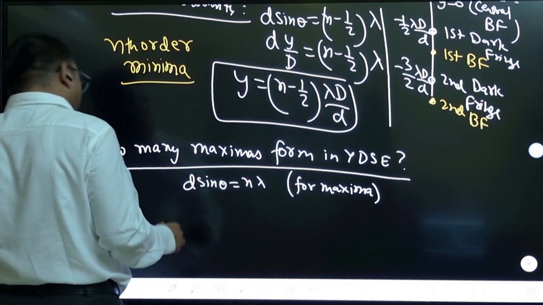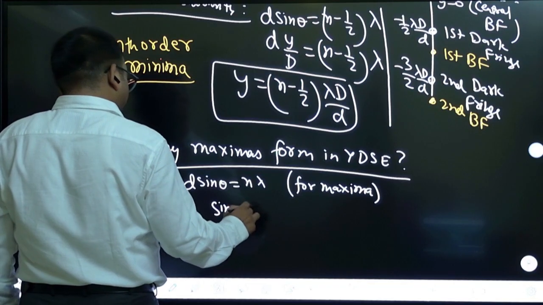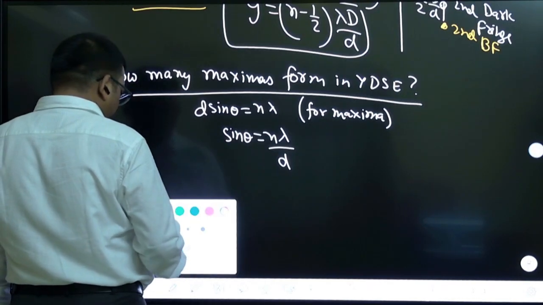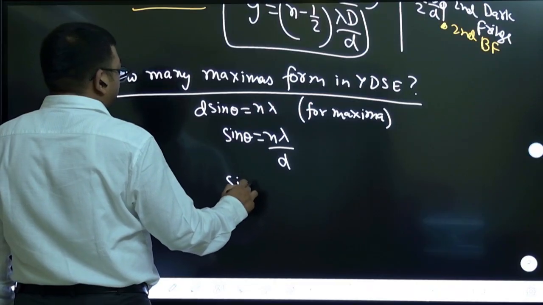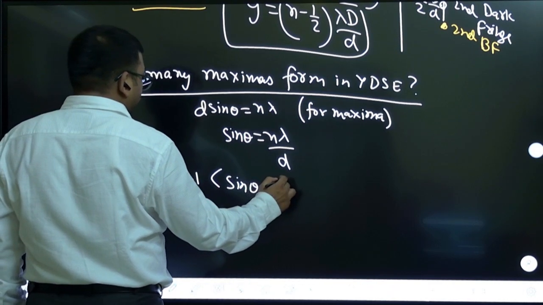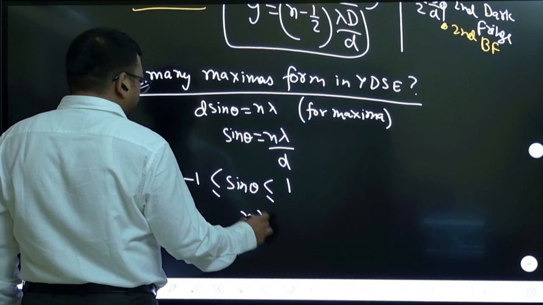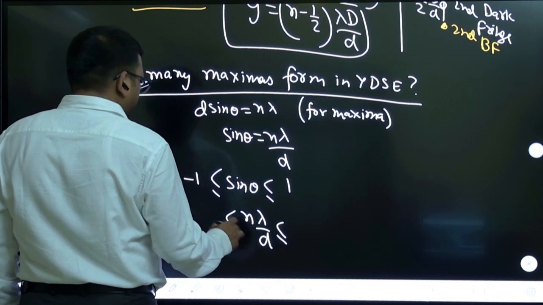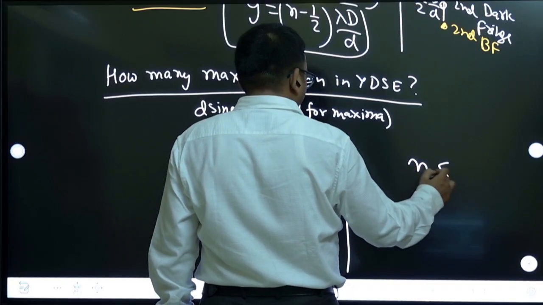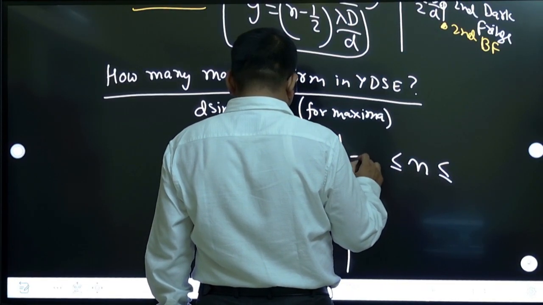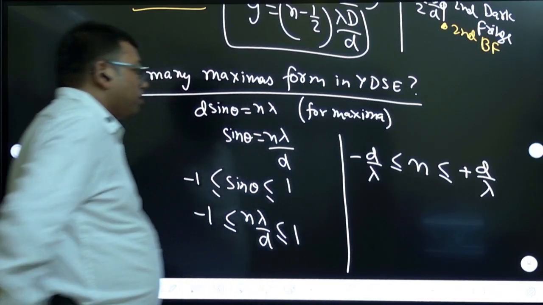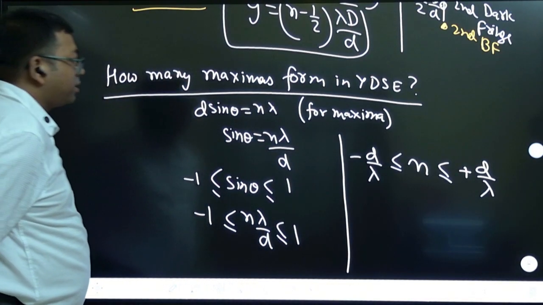Now I know sin theta is equal to n lambda by d, and sin theta will lie between -1 and +1, correct? So if I substitute this condition, the value of n will lie between minus d by lambda and plus d by lambda.